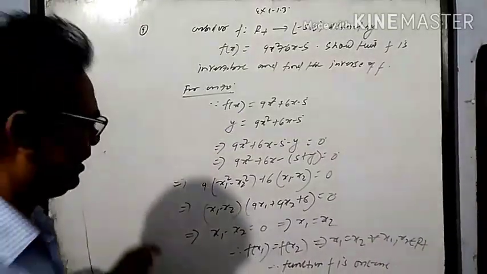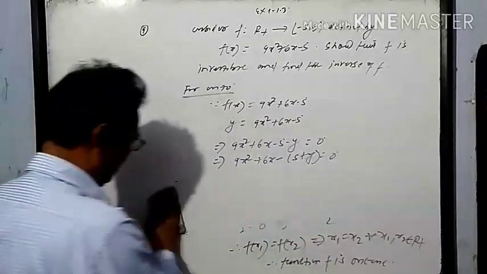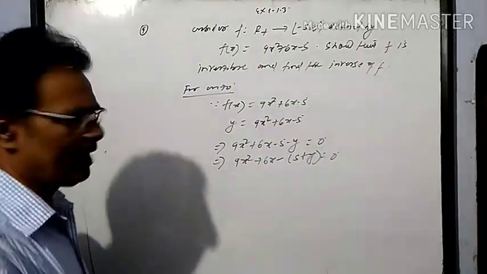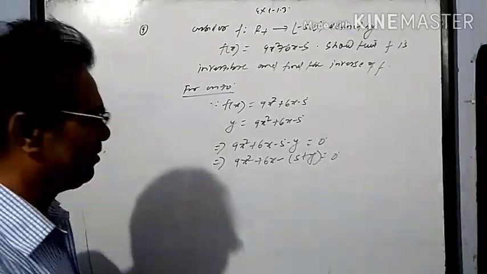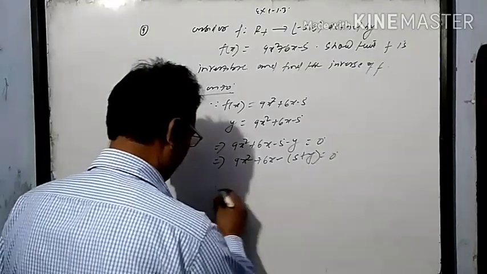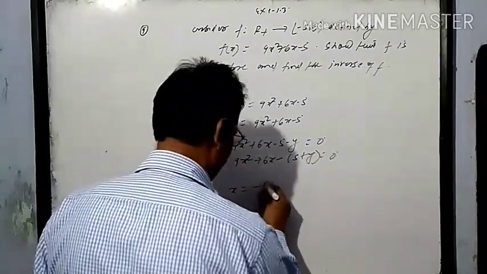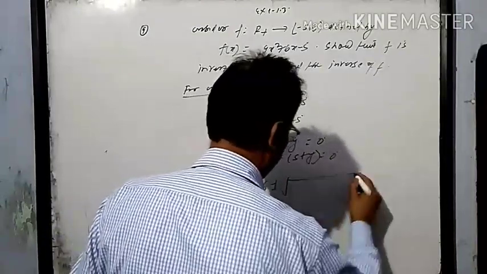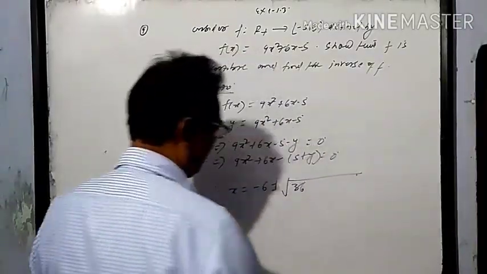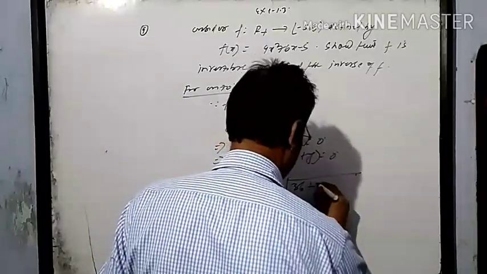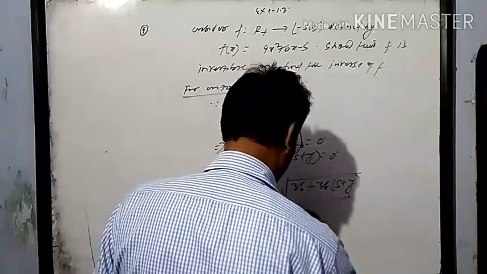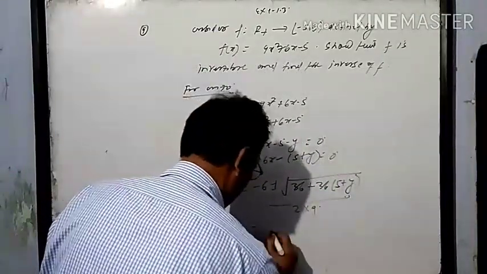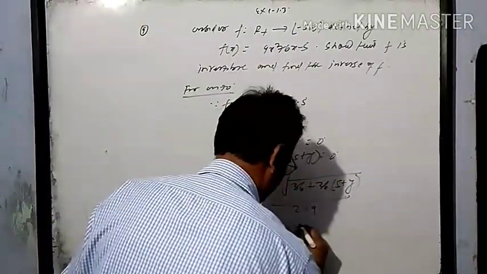This is a quadratic equation in variable x, so find the value of x. Since the solution of the quadratic equation ax² + bx + c = 0 is x = (-b ± √(b² - 4ac))/2a, therefore x = (-6 ± √(36 + 36(5 + y)))/(2 × 9). This is equal to (-1 ± √(6 + y))/3.